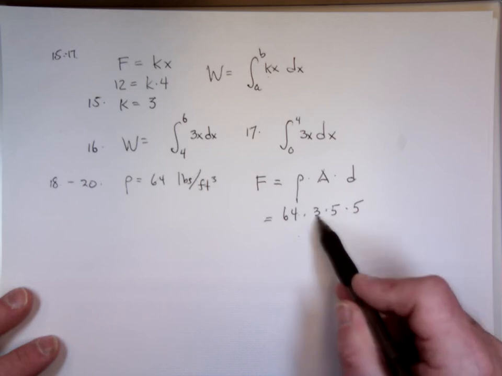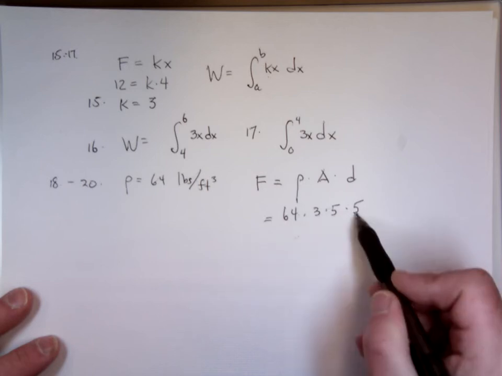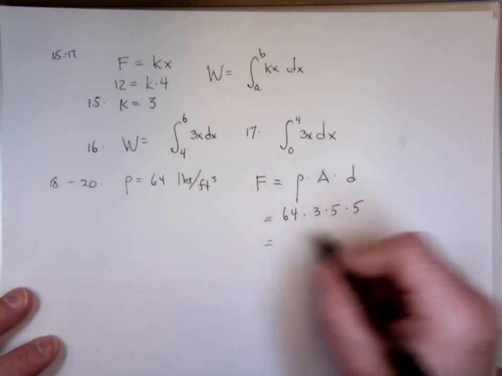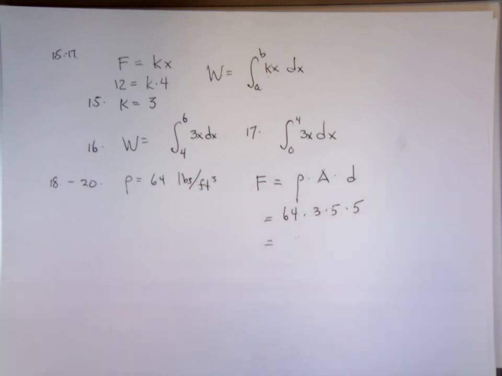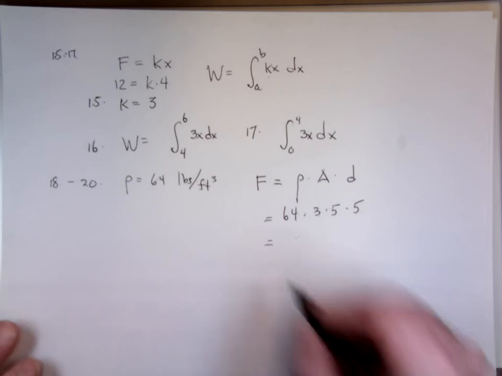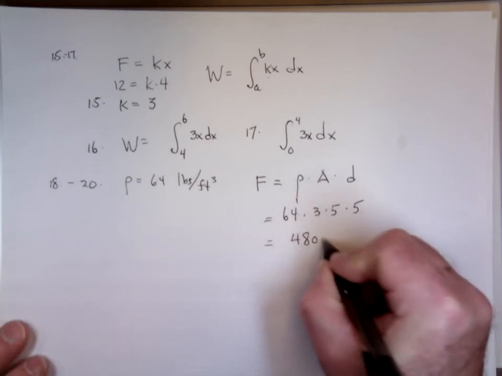Your answer is in pounds, which is what it should be in. So you end up with 64 times 3 times 5 times 5. 192 times 25. 192 times 25 is 4,800, I believe. If somebody has that done out, that would be nice, but I believe that's what it is.